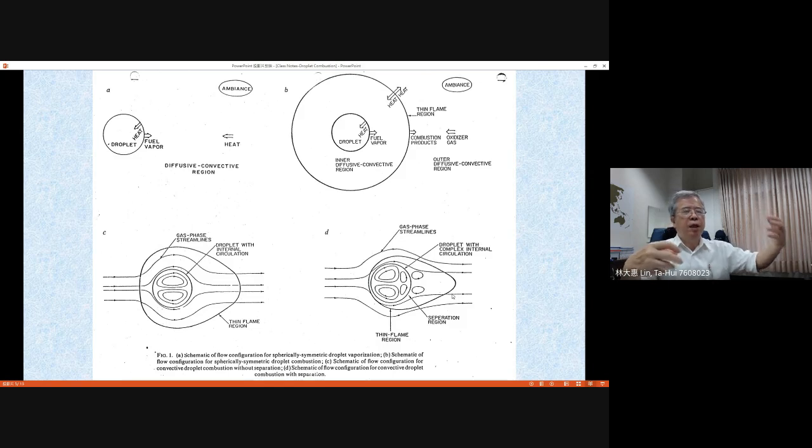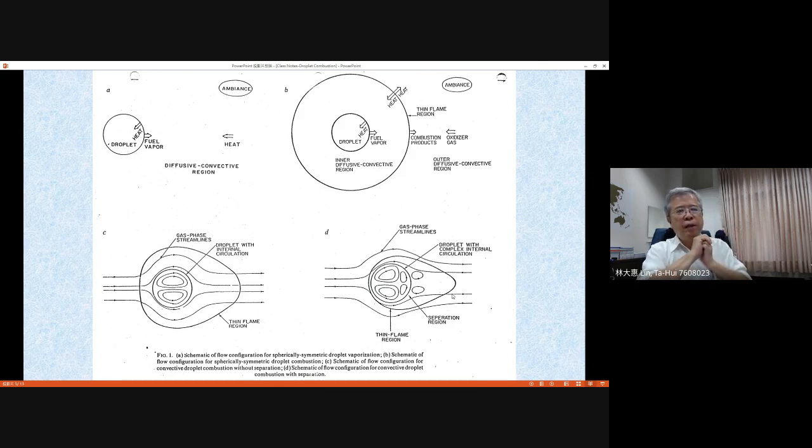You will figure out that from the beginning your droplet may have a spherical flame. Now, when you experience the influence coming from the flow stream, the flame will change its shape to an oval shape, and it has a small flame distance at the front between the droplet and the diffusion flame, but a longer separation at the rear between the liquid surface and the diffusion flame. And this behavior will be more and more strengthened by the increase in the flow strength.